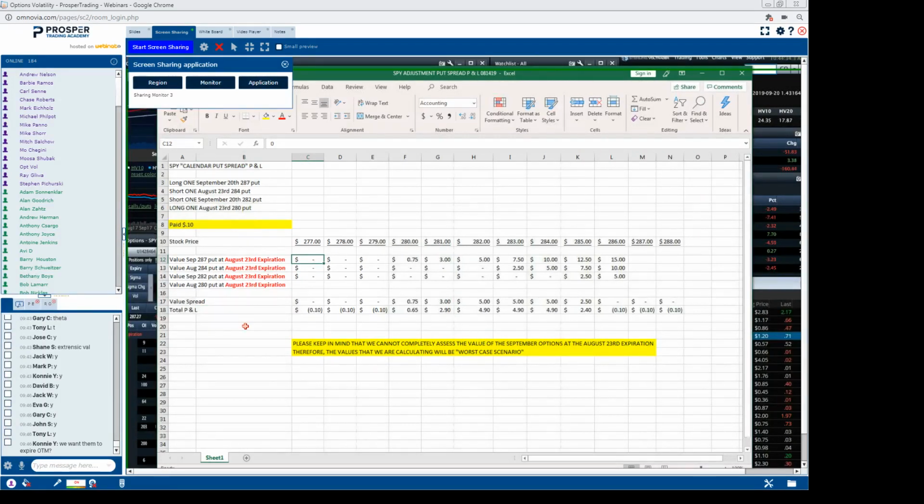Connie, I'm asking you specifically here. What would the 287 put be worth with SPY at 277? Perfect.